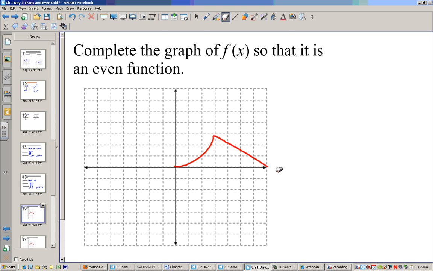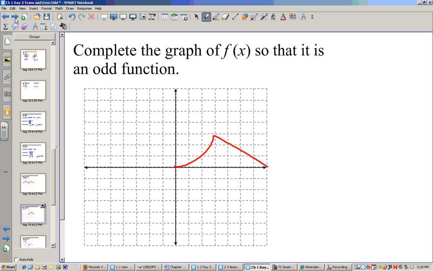Now, if we want to complete this to make it an even function, what we would have to do is make it symmetric over the y-axis. So if this were to be an even function, what we would have to do is swing this down here and then continue this to the axis. To make that an odd function, we would have to say if there's a point 3, 3, there would have to be a point negative 3, negative 3.